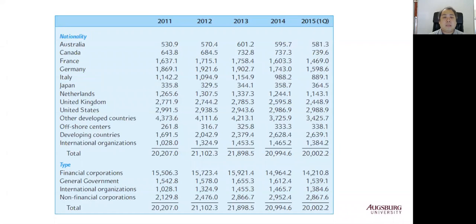In many cases, international bonds are denominated in major currencies, and many companies in Europe and the United States want to finance through international bonds. Mostly financial corporations are the largest issuers.